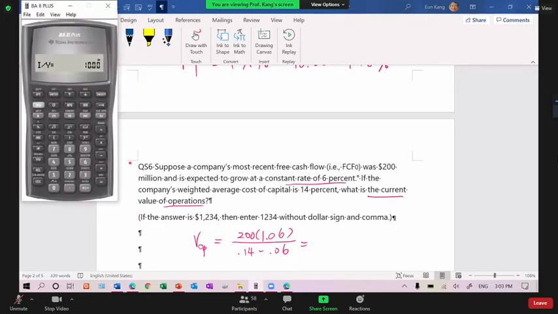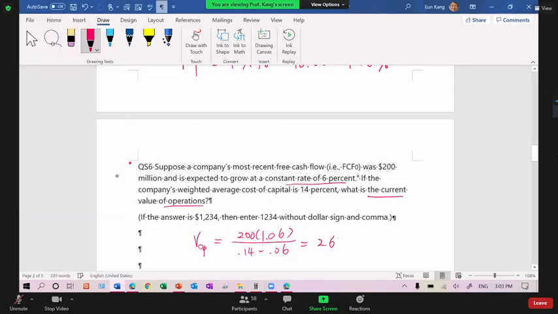That is 200 times 1.06 divided by 0.08, which is 2650 million, right? I told them in millions, 2650.